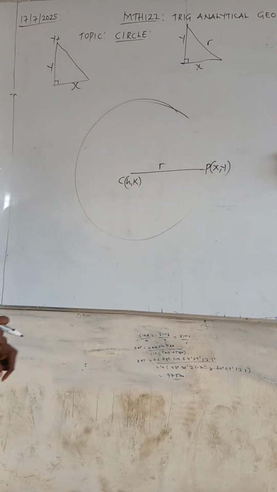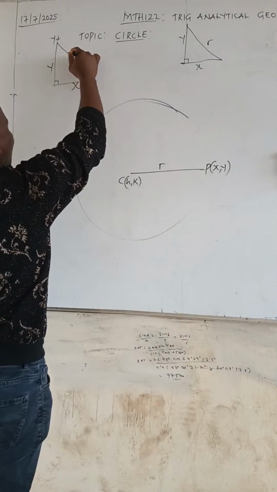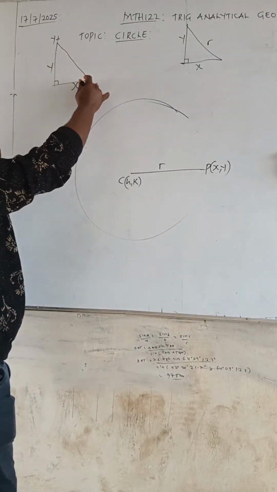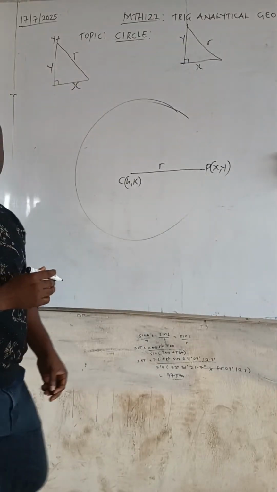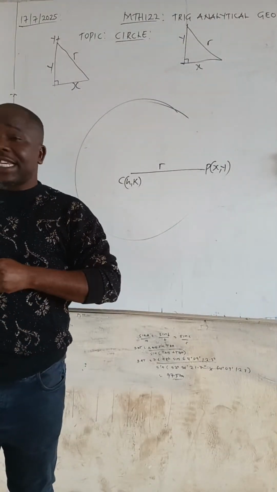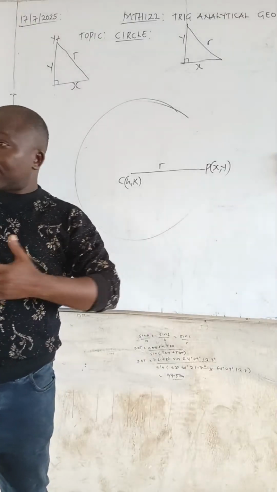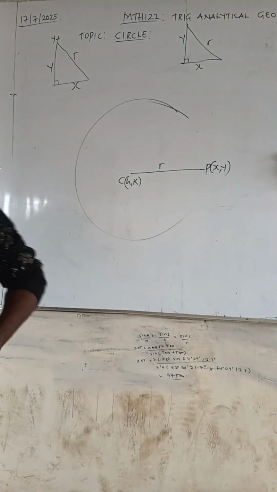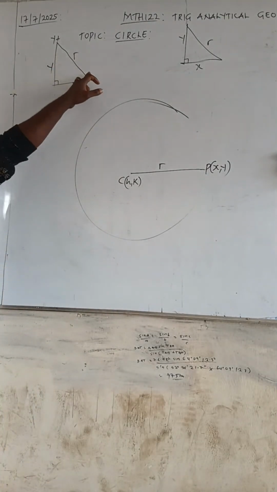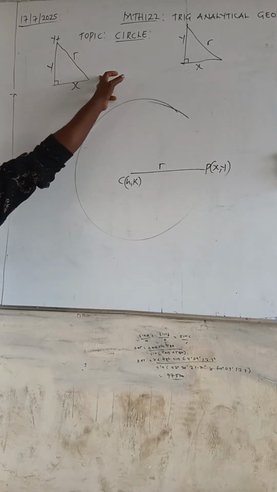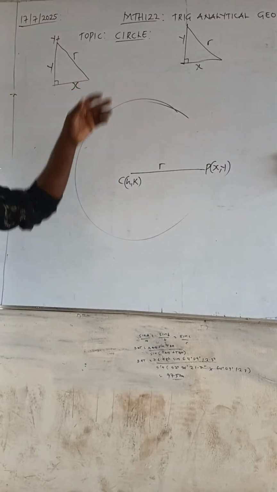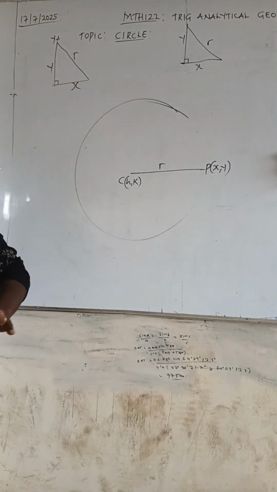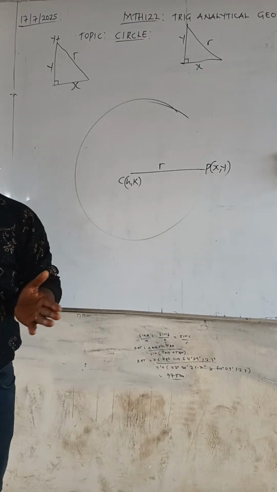Then, as a result of this, we call this distance r. True or false? So it means the Pythagorean theorem states that, without cramming, you can tell somebody that this side is the longest side. True or false? It means the square of the longest side is equal to the sum of the squares of the two remaining ones.